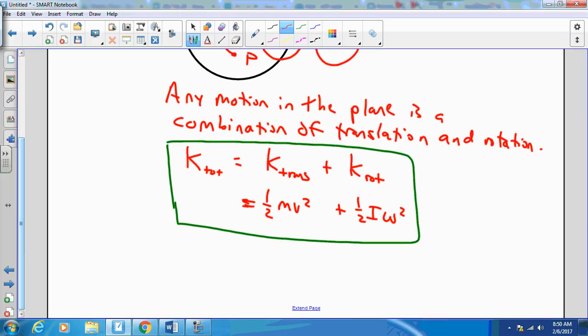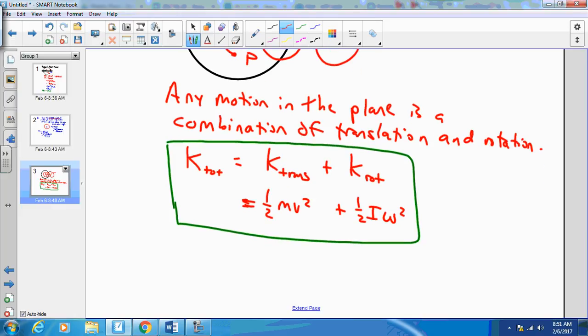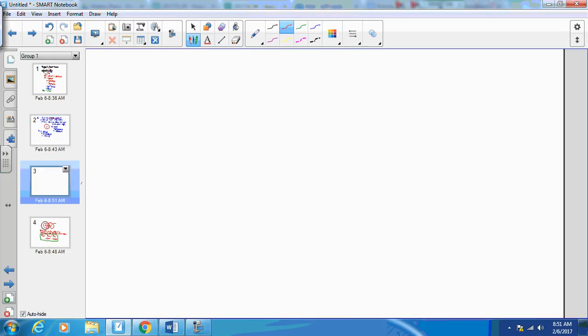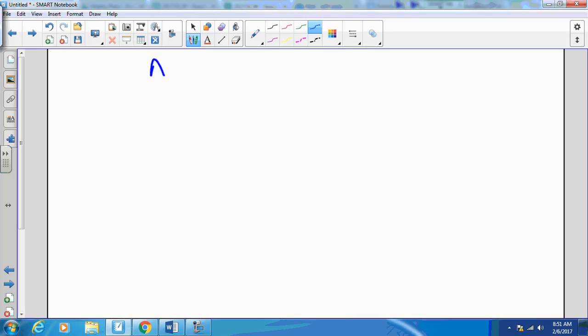So let's revisit our disk and let's add to its motion. This is mass 1 kilogram, and radius 0.25 meters.